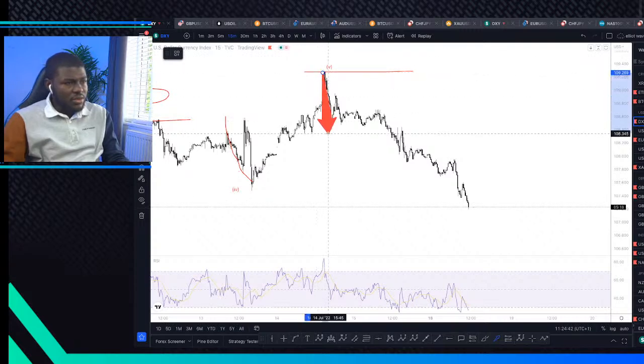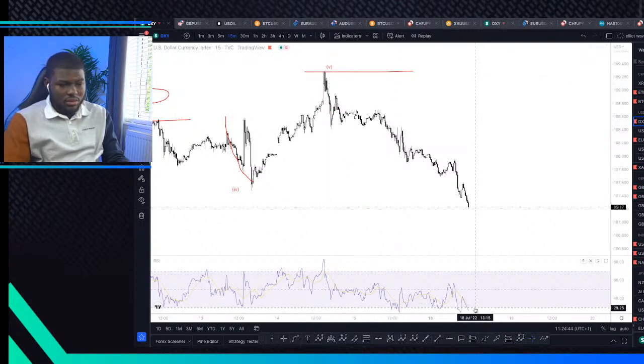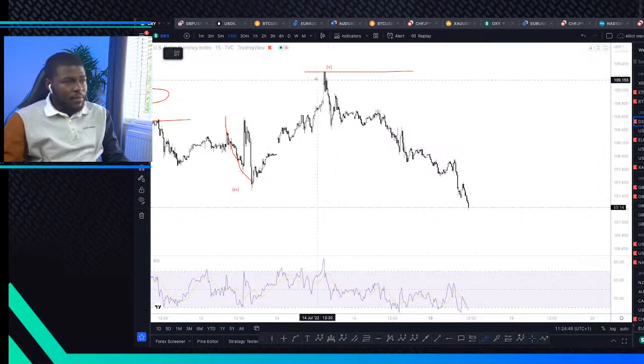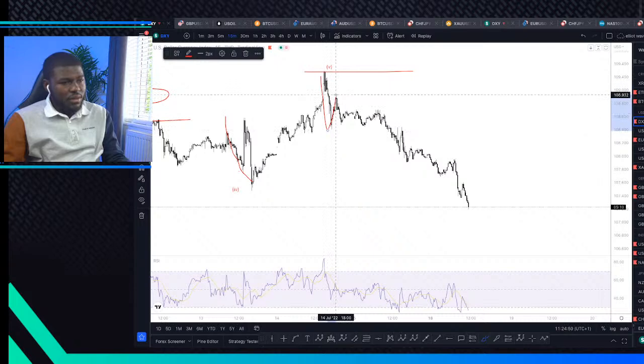Let's see what's happening right there. From this high to this low, I counted as my wave 1, then back up here is my wave 2. Then the whole of these is another wave 1 calculated here. Then we have a wave 2 to this upside. The whole of this is our wave 3. This is a correction of wave 4.